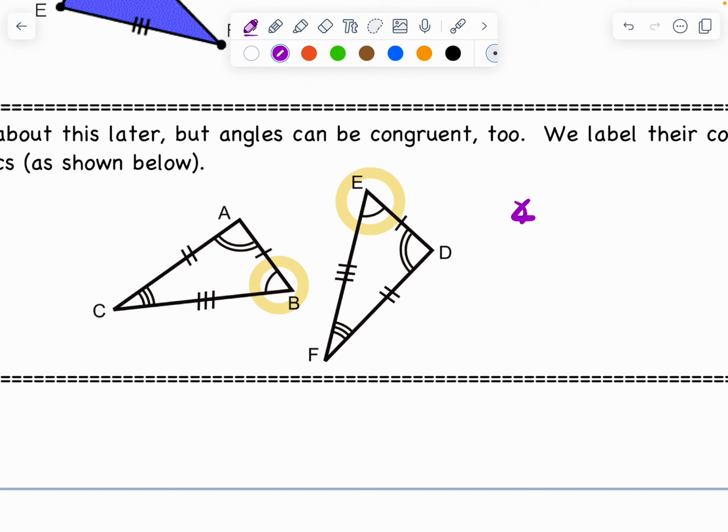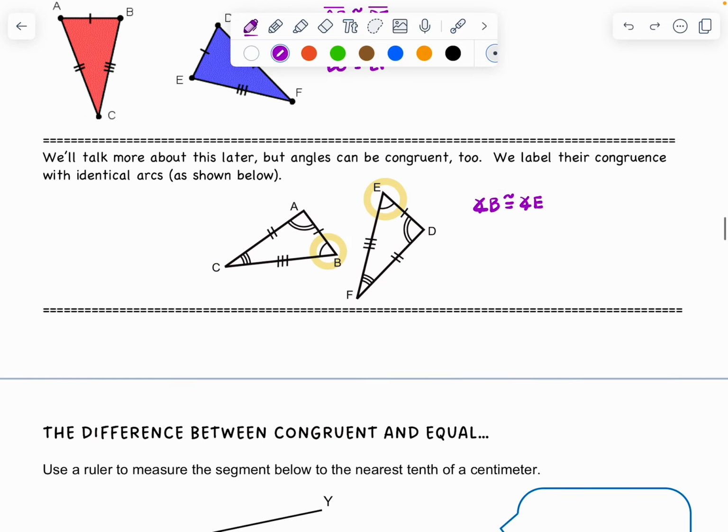And we would say angle B, again, I know we haven't talked about angles yet, but I'm just putting this in your head for now. Angle B is congruent to angle E. Right, so we can still use that congruency symbol with angles as well. Again, we'll talk a lot more about angles here in just a couple of days. And clearly, angle A is congruent to angle D because they have double arcs, right? And then we have C and F with triple arcs, and so that picture is trying to clue us in that those 2 angles are congruent in measure, okay?